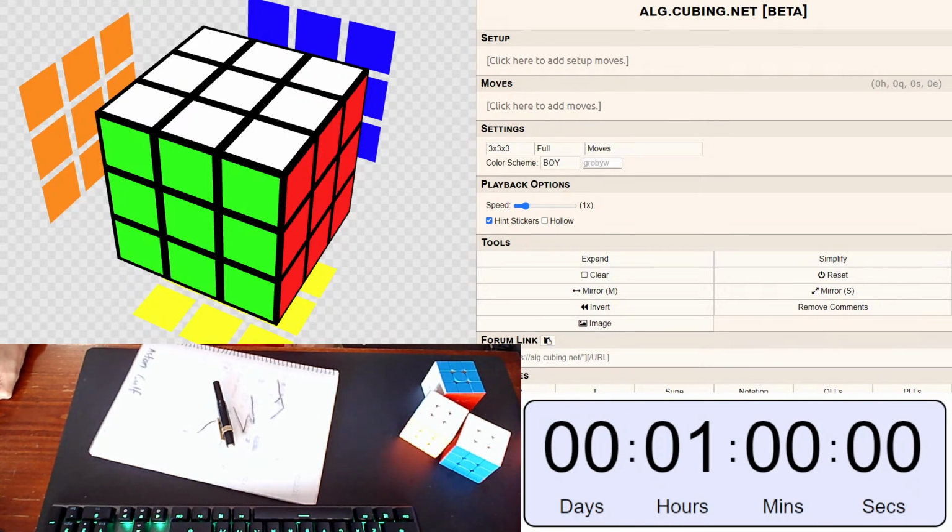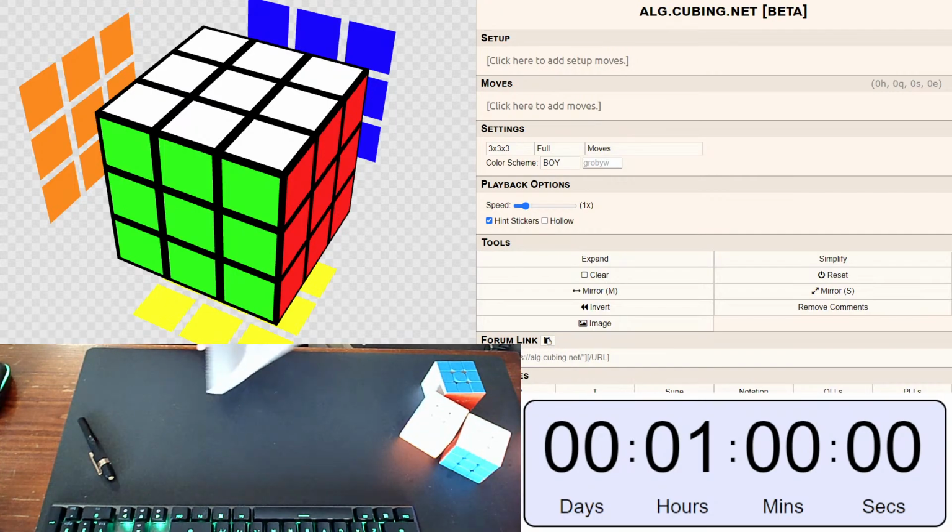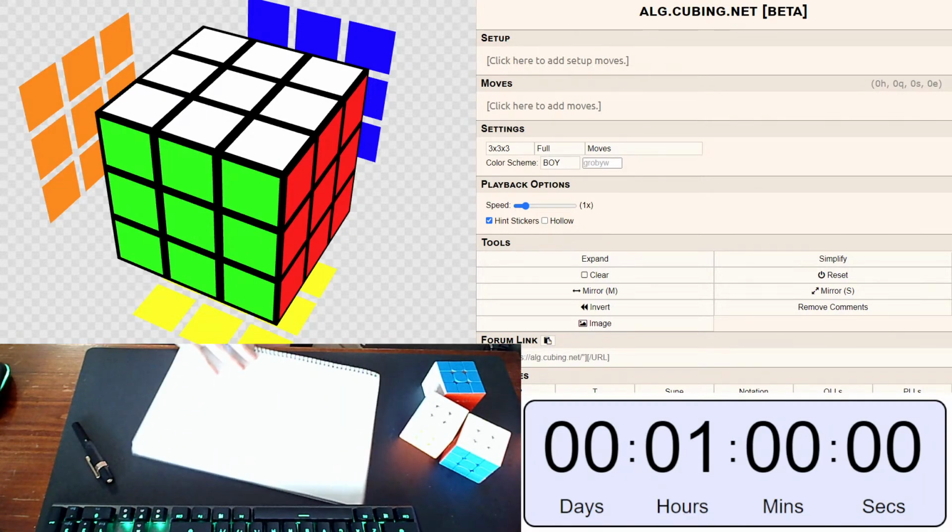I'm gonna do some fewest moves. So I'll open my book, my scrap paper. Nice blank page. And I will get my attempt started.